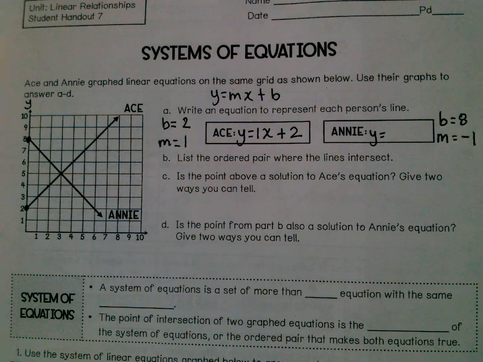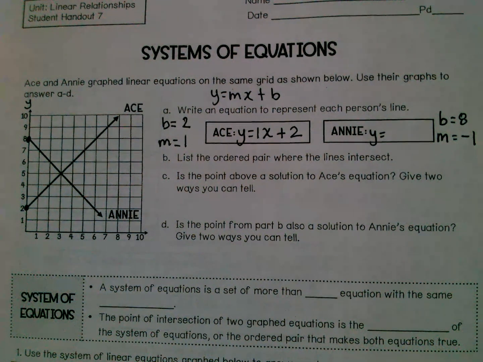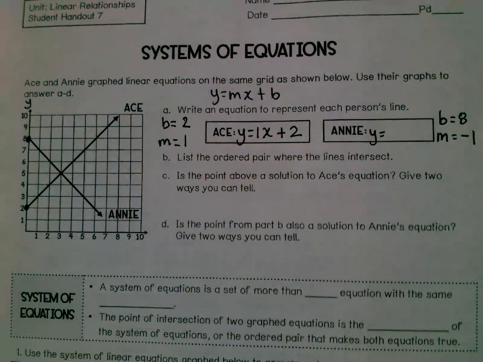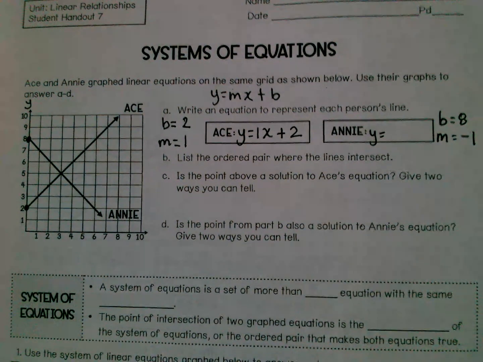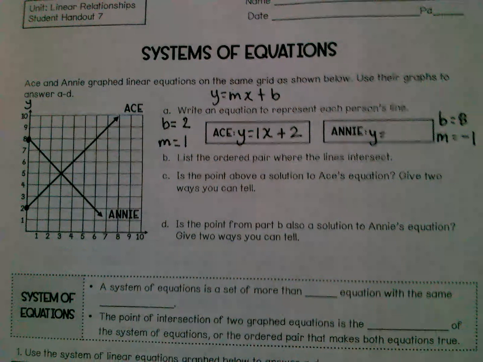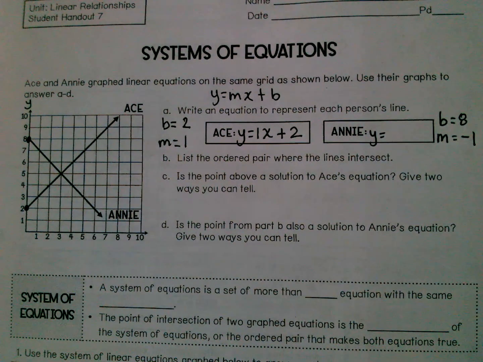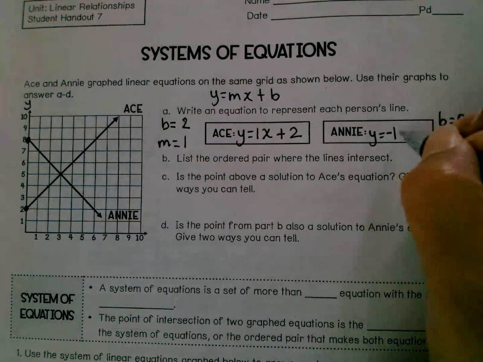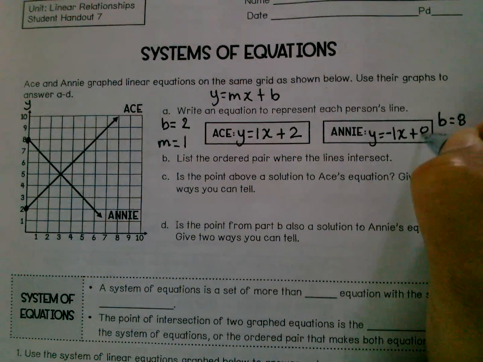So always make sure you're looking here. This is slope-intercept. I need the M number first and then the B. So look at what we wrote right there. Very good. Much better.